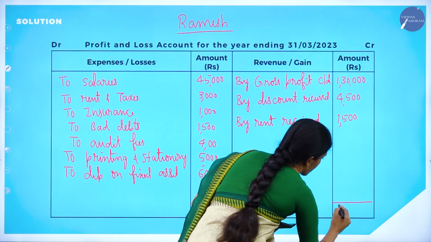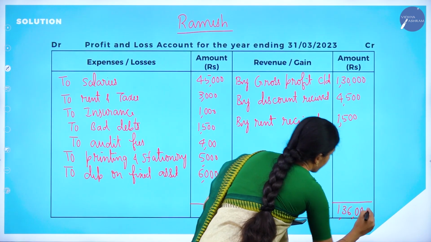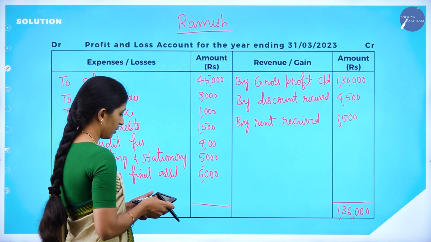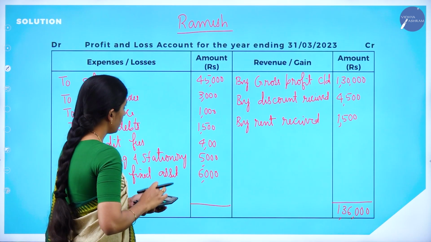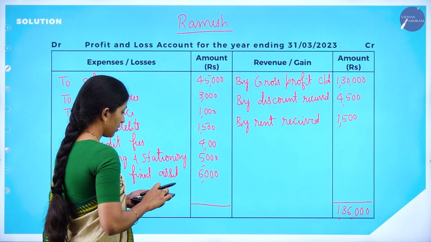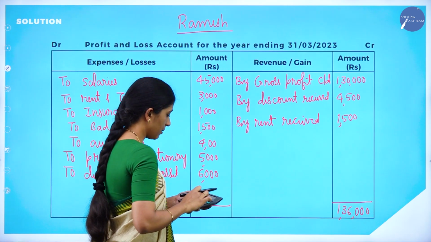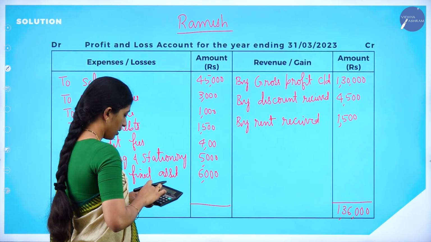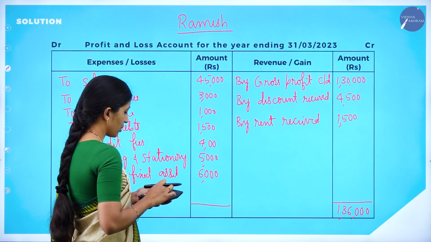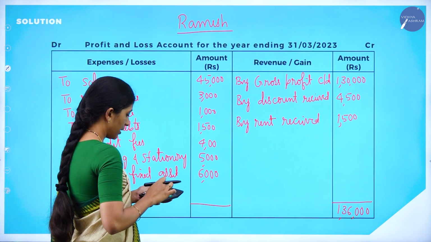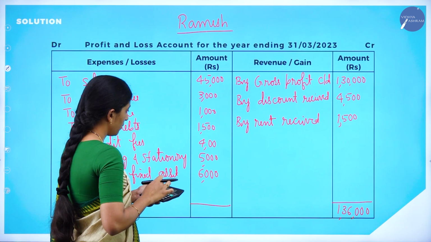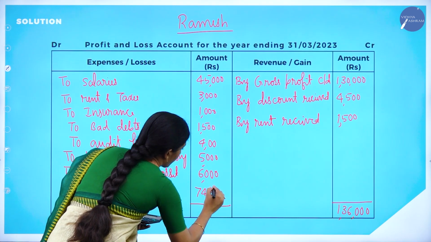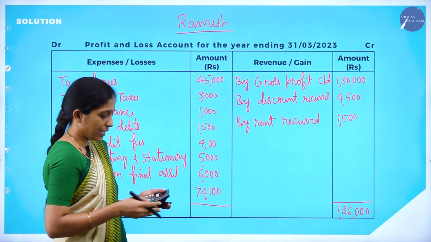So total of credit side is 1,36,000 minus 45,000 minus 3,000 minus 1,000 minus 1,500 minus 400 minus 5,000 minus 6,000. So you will get a net profit of 74,100. So once again we shall recheck.